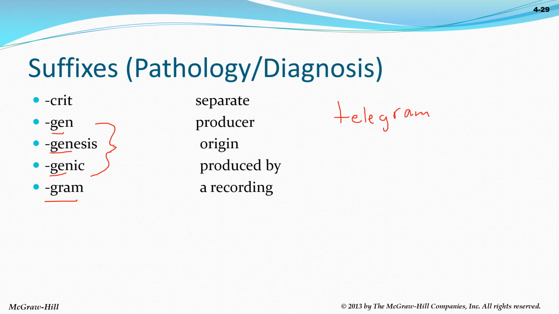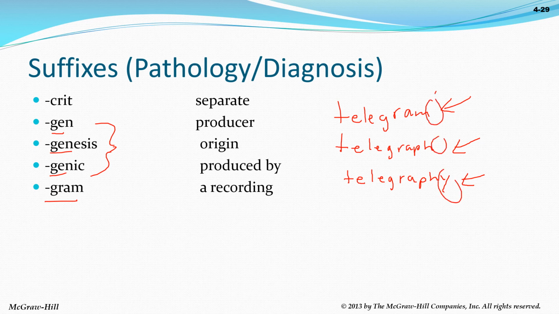No, telegram is the message, but the machine is the telegraph, and the process of sending the message is, what does it end in? Telegraphy, right? So this is the action of sending the message. This is the machine you use to send the message. And the thing that records at the end is the telegram, the actual record, the recording of it. So the endings do make a difference.